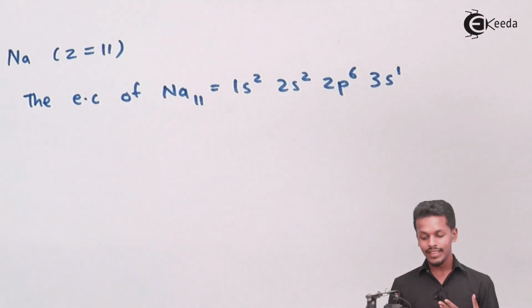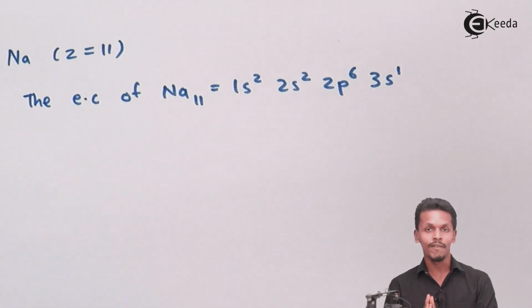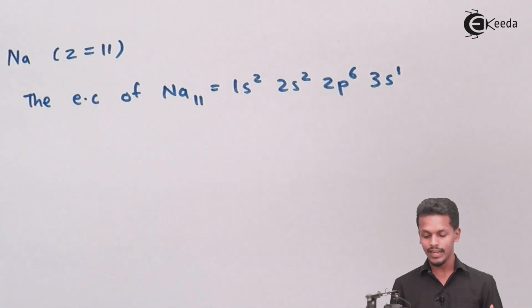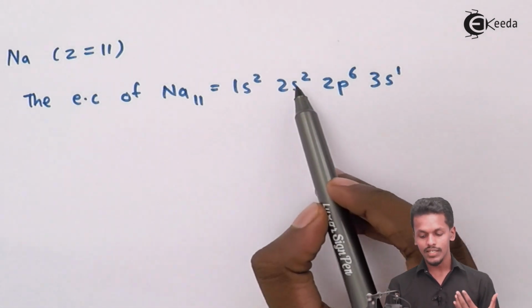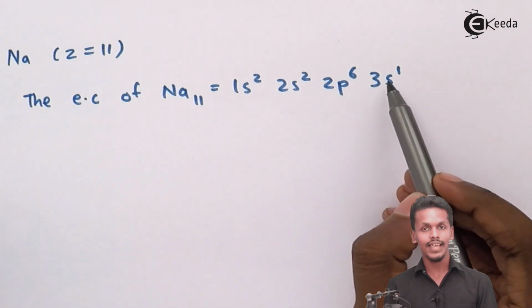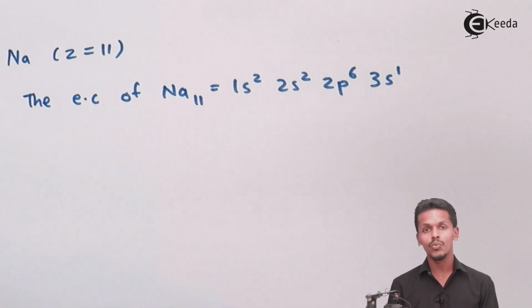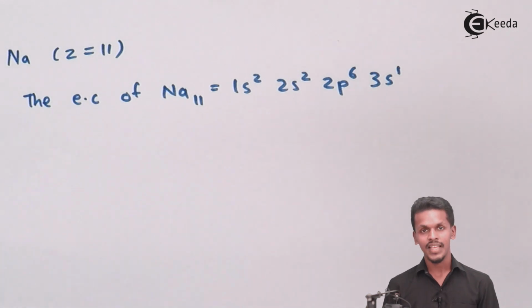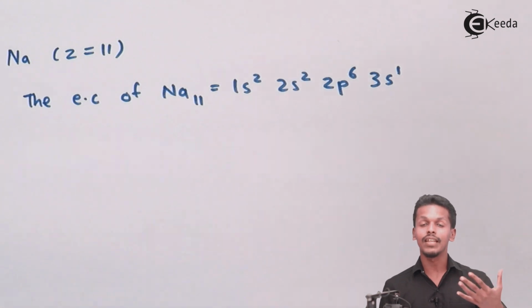This is how we follow the Aufbau rule. Note that 1s has lower energy, then 2s, 2p and 3s will have the highest energy, and electrons fill orbitals from the lowest to the highest.